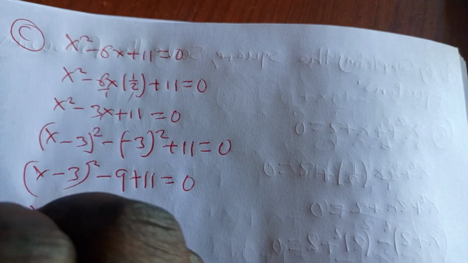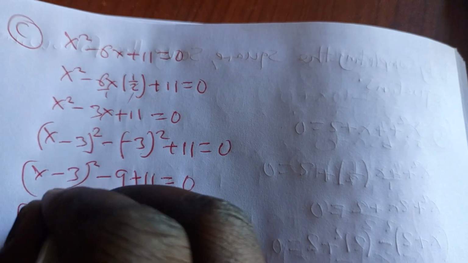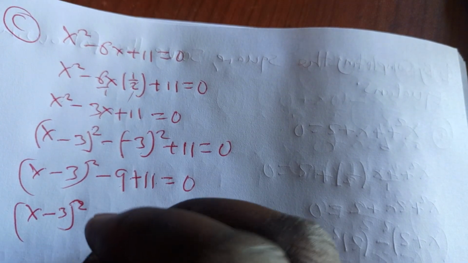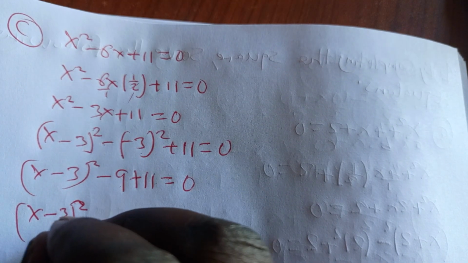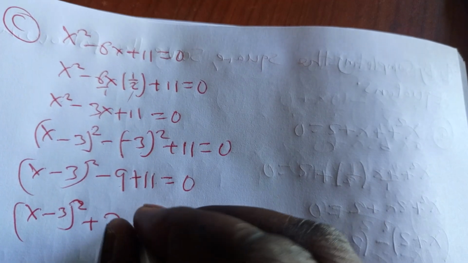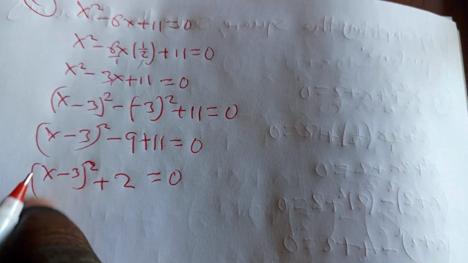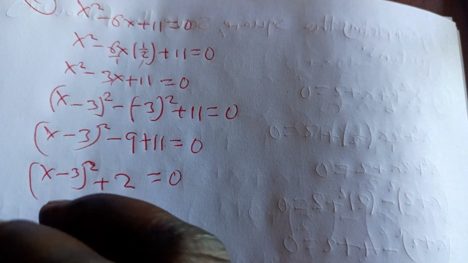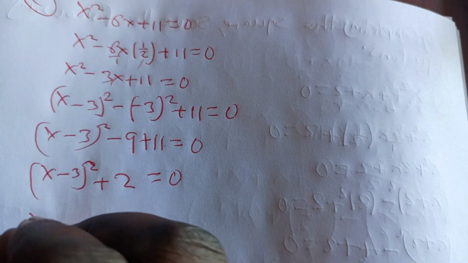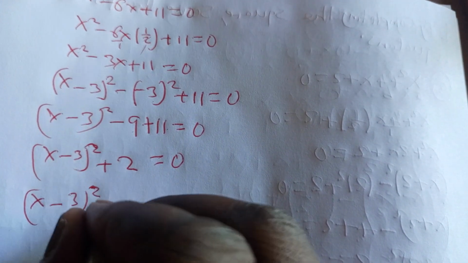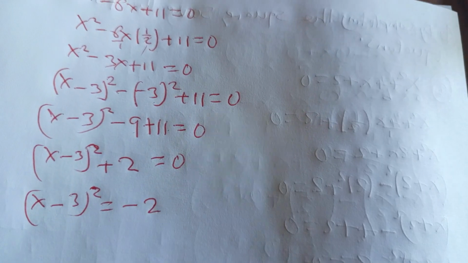So it will be (x minus 3) squared, negative 9 plus 11, the answer is positive 2, is equal to 0. Then from here now, we'll say (x minus 3) squared is equal to negative 2.